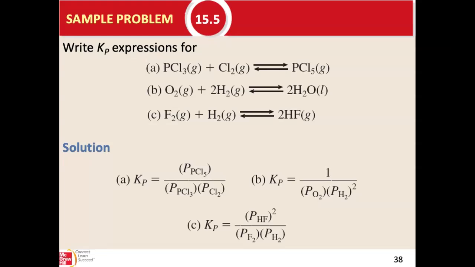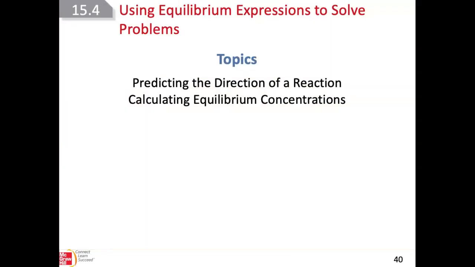And again, they're giving you a sample problem. So pay attention to the sample problem, try to follow it and understand it. This is section 15.4, using equilibrium expressions to solve problems. In here, you will compare the Qc, which, if you remember, is called the reaction quotient, with the Kc, and see if they are different or if they are equal to each other.